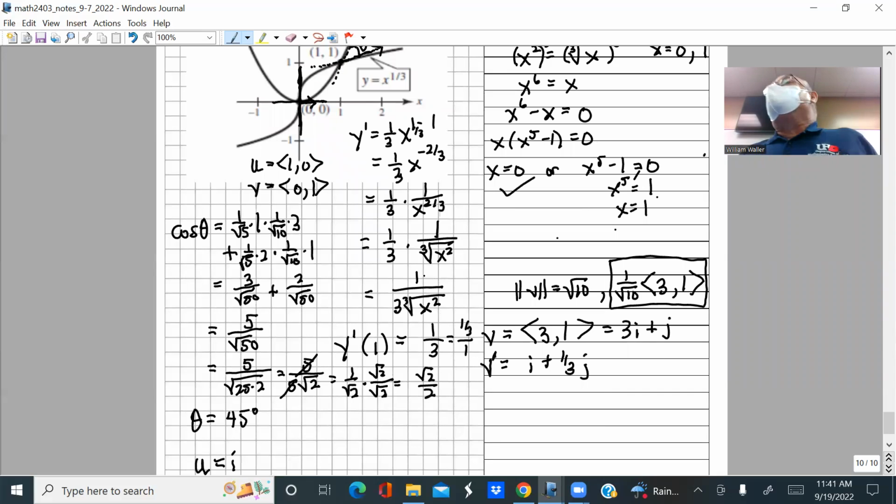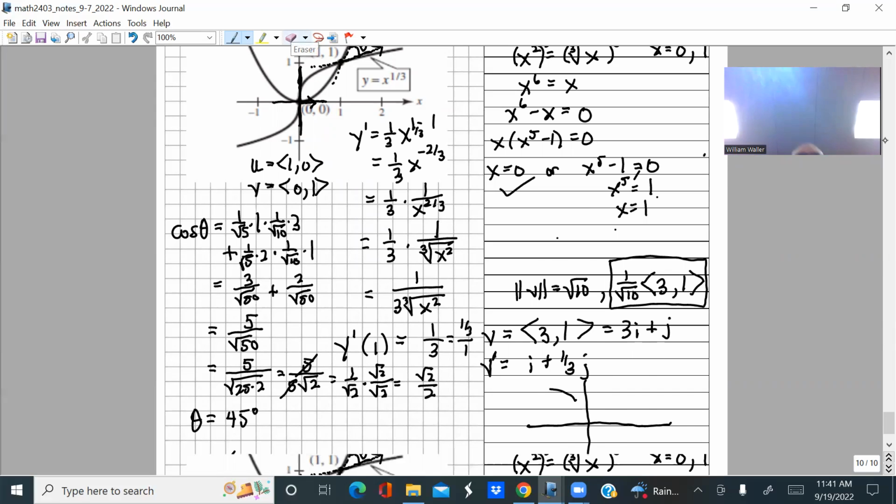Well, when you have an undefined tangent line, there are several things that can cause it. So you really do need to see a picture of the curve to understand what's happening. You can get undefined tangent lines in various ways. Let me lay this down.